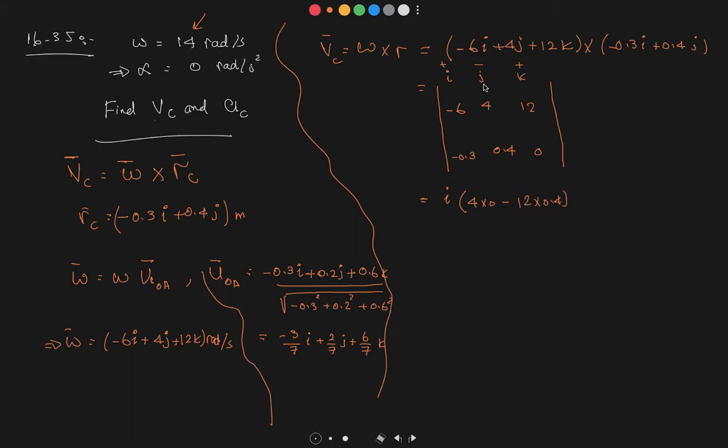Now we work with the j, and j is negative, always remember minus j multiplied by, so cross these out, minus 6 multiplied by 0 minus 12 multiplied by minus 0.3, plus k. K was positive, it's always positive. So cross these out, you get minus 6 multiplied by 0.4 minus 4 multiplied by minus 0.3.